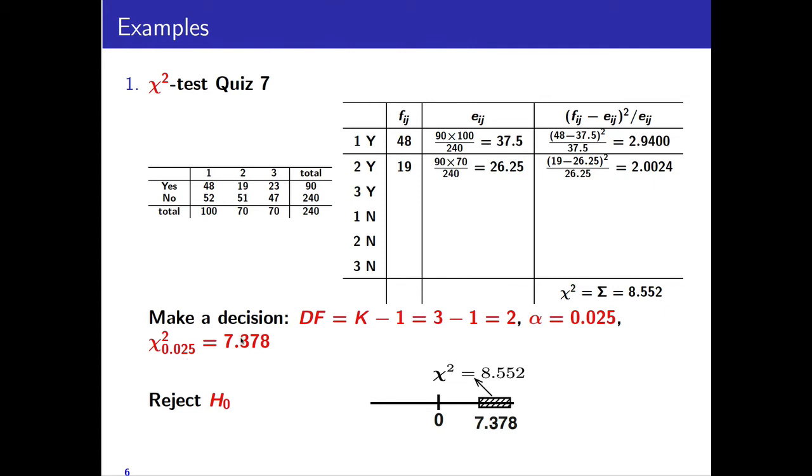And look it up from your chi-square table, and you get 7.378. And you draw your number line and put 7.378 on your x-axis, and your test statistic is 8.552, which is more than your critical value on the right. You reject H0.